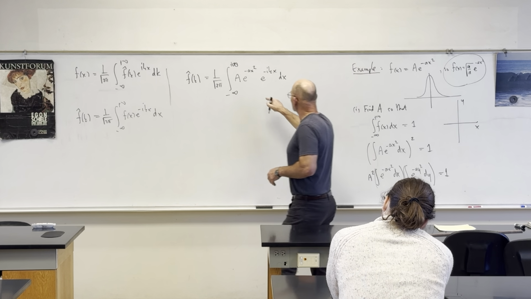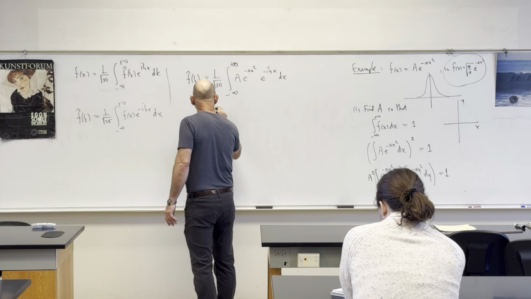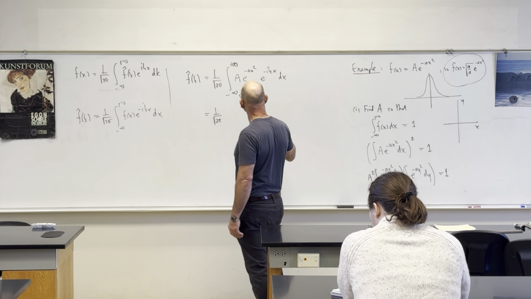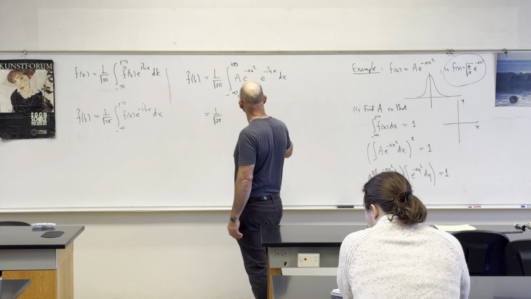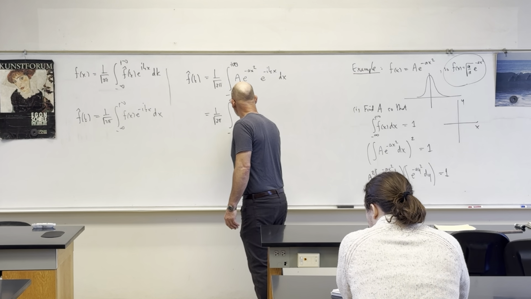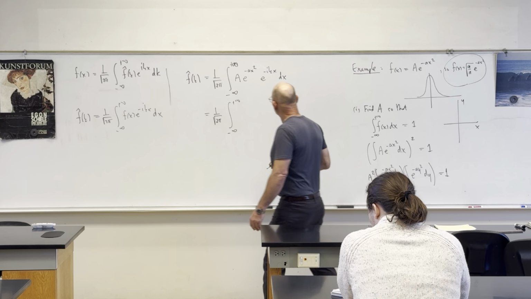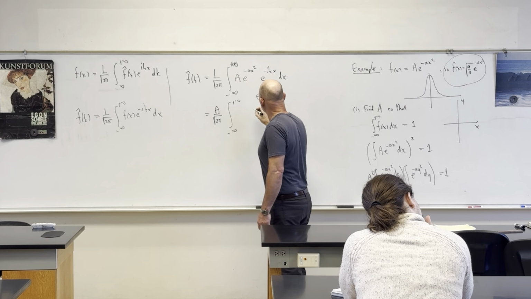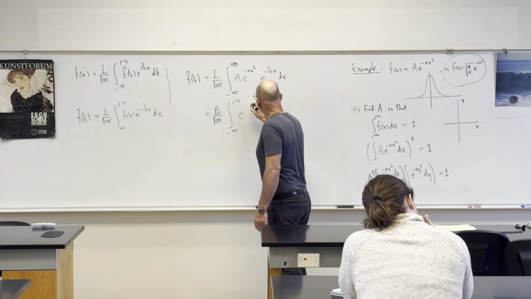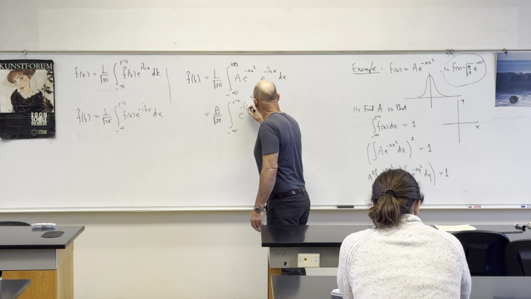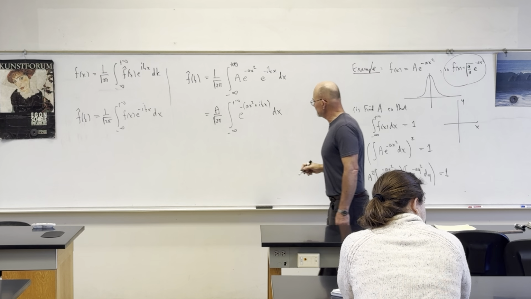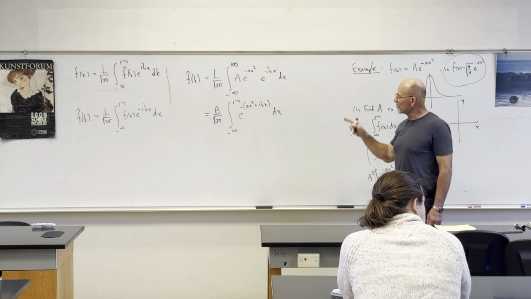So this is the one we want to get here, and I may skip some steps. I'll bring A out front. So what do we have here? The integral from minus infinity to plus infinity of e to the minus a x squared plus i k x dx. And what we're going to do is complete the square here.